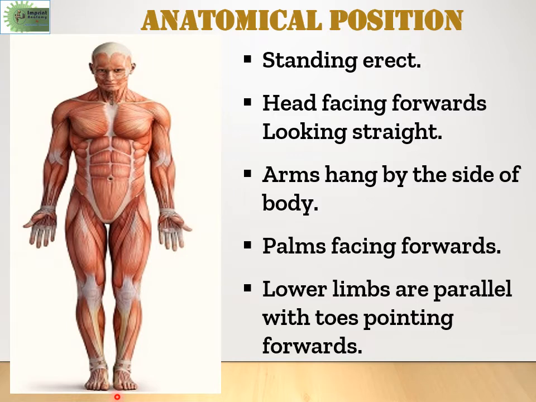In anatomical position, the person should stand erect, or I can say straight. The head should be facing forward and the eyes should be looking straight. Arms of the person should hang at the side of the trunk or the body, laterally.